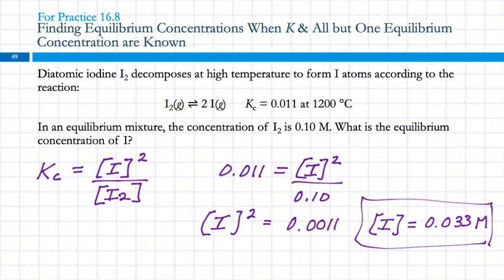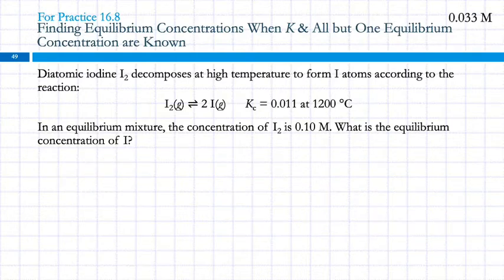Any questions? These are the kinds of equilibrium constant problems we do in Chem 3A. All the numbers except one. Solve for that number. Any questions?